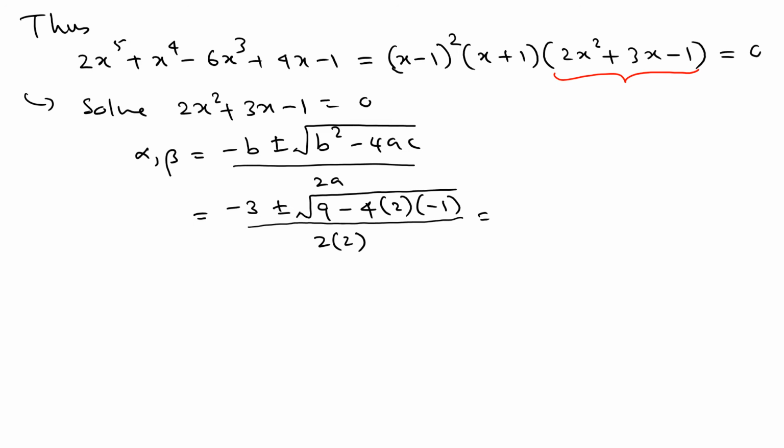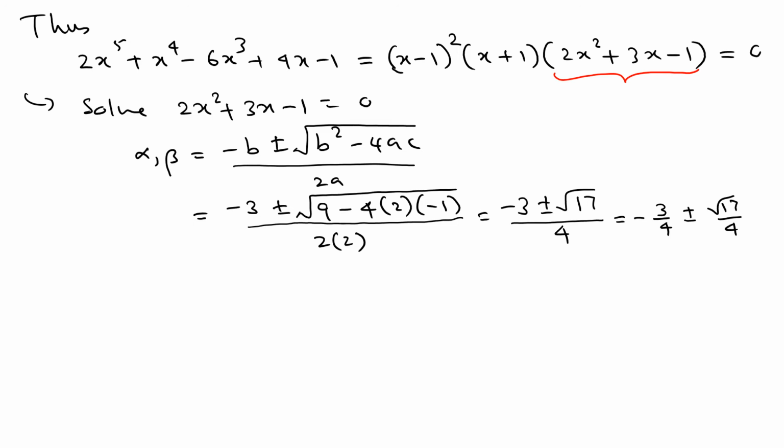If you simplify this, you're going to get negative 3 plus or minus, negative, negative, positive, 4 times 2 means 8, so you get square root of 17, divided by 4. We can split this. We can write this as negative 3 over 4 plus or minus square root 17 over 4. This will be useful later when you write the factored form.